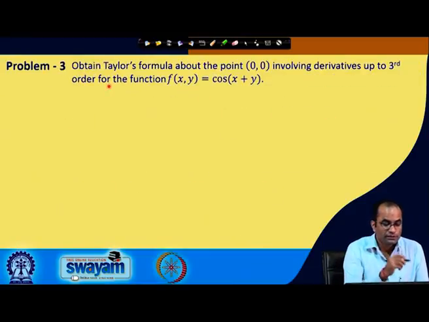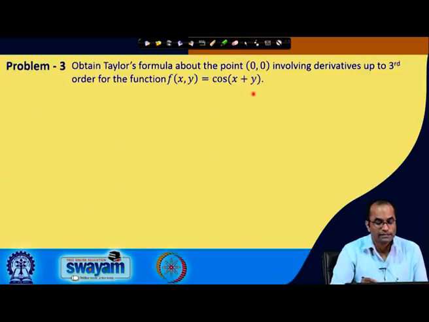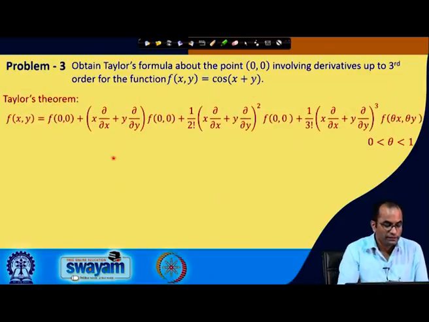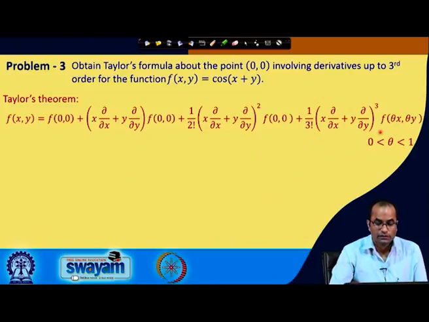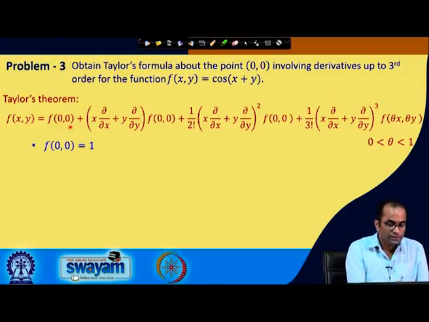The last problem here. We have Taylor's formula about this point (0,0) involving derivatives up to the third order terms of the function cos(x plus y). So, again this is Taylor's theorem including the remainder term, and we have considered the third order terms here. So, we need to compute f(0,0), which in this case is 1, since cos 0 is 1.